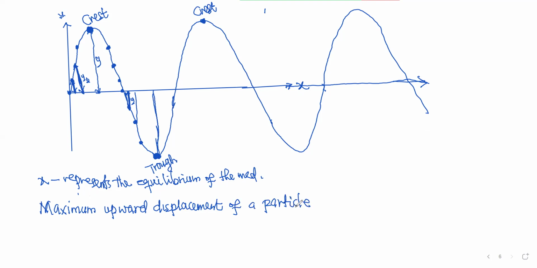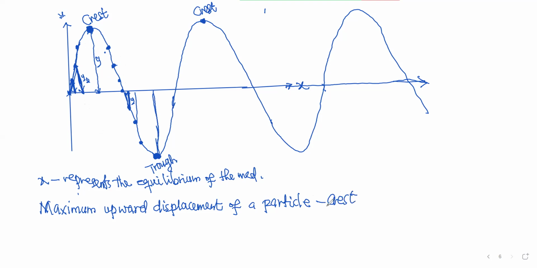And it's not this whole shape which is called crest. No, it is just a point where a particle, I told you earlier that these points indicate particles, where they've been displaced so much, so less, and all that. So maximum upward displacement of a particle is what we are calling the crest.